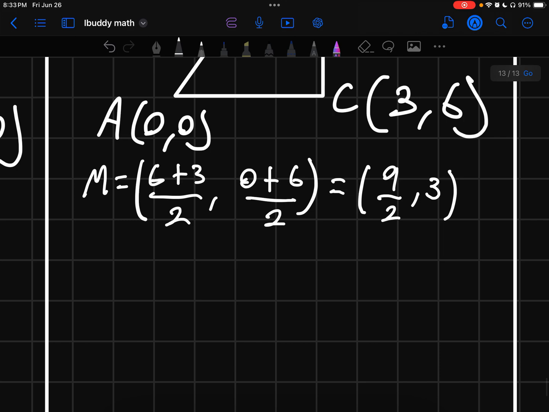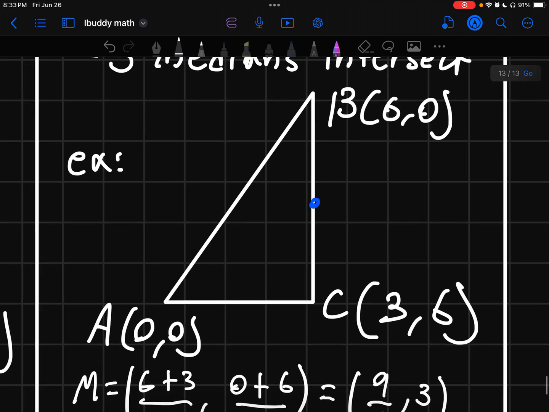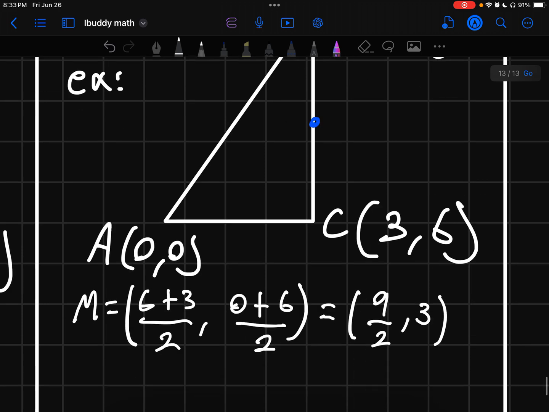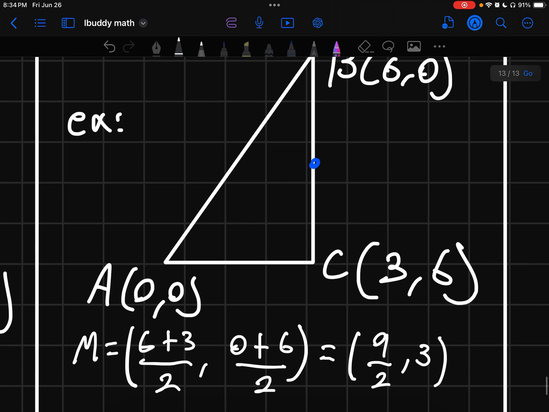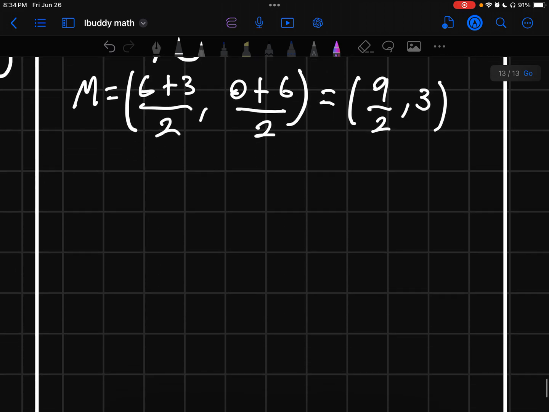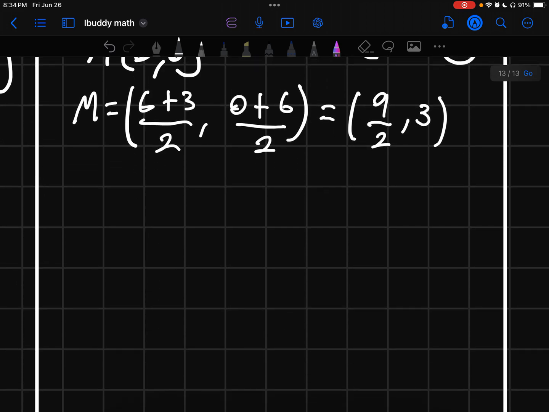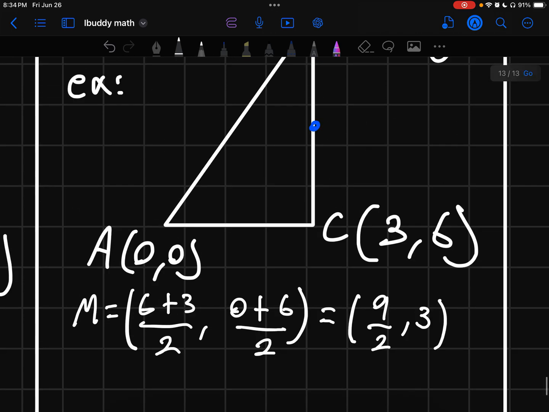Now we have to find the slope of A to the midpoint. So we just use the slope formula for that. So we're basically finding this.